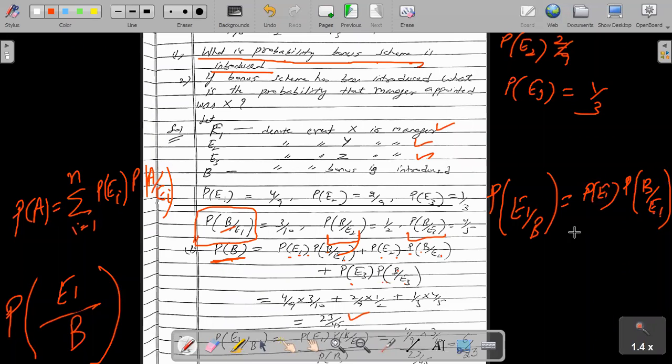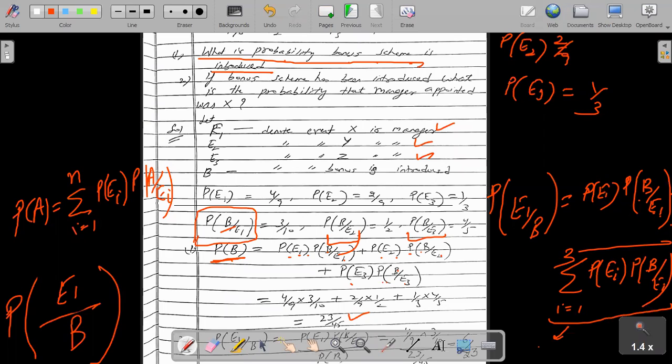So E1 over summation probability of Ei into probability of B mod Ei, i is from 1 to n. तो यहाँ पे 1 2 3 है. Probability of E1 आपके पास है, probability of B mod E1 आपके पास है, और ये जो डिनोमिनेटर है, that is nothing but the probability of B, और ये आपने अभी फर्स्ट पार्ट में निकाला था. So all these values are there in front of you. We can just put back the values and we can get the answer.